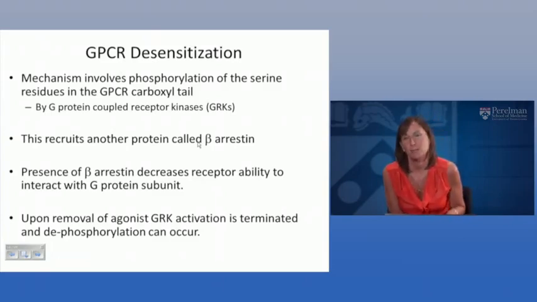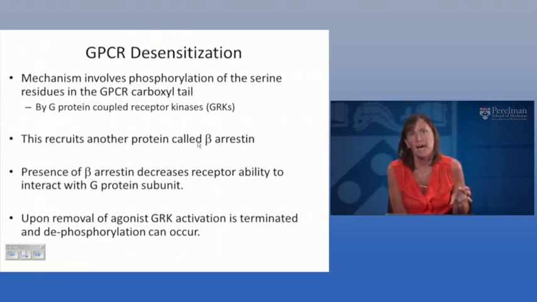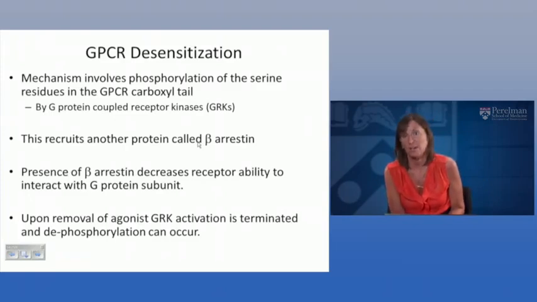And the reason why this is important is that there are a series of molecules that are targeted to inhibit the GRKs as a way to try and prevent receptor desensitization and thus prolong or amplify the response to a chemotherapeutic drug. Activation of the G protein coupled receptor kinases results in recruitment of another protein called beta-arrestin.